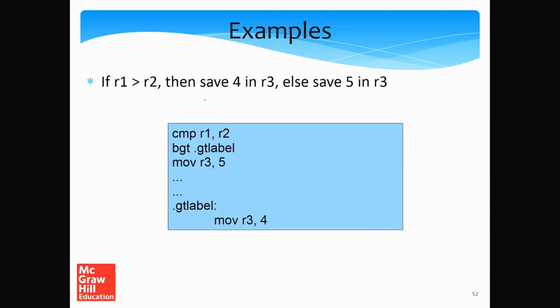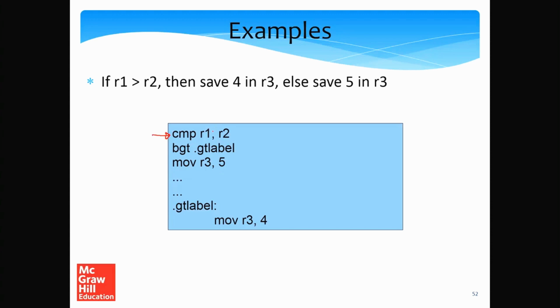Alright, so now it is time to write slightly difficult programs and realize the power of assembly language. Let's try to write this program: if R1 is greater than R2, then save 4 in R3, else save 5 in R3. That's easy. First we compare R1 and R2.